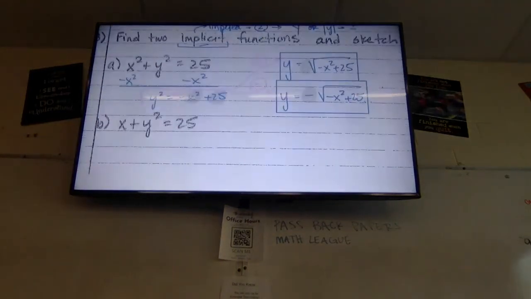All right, you ready for the next one? Same idea. What should I do first? Minus x. Y squared equals negative x plus 25. Now what? Square root both sides. Now what?